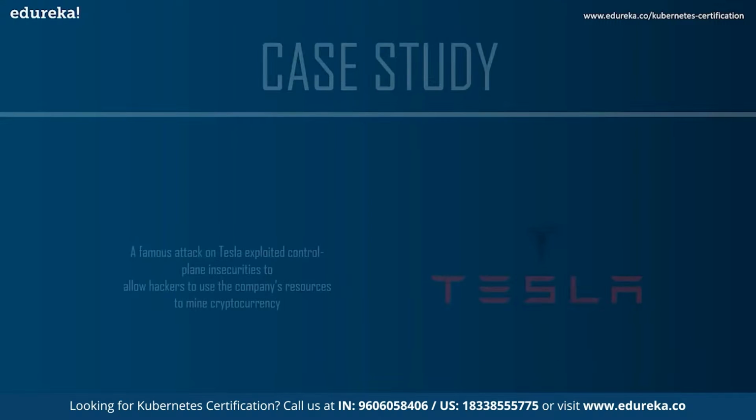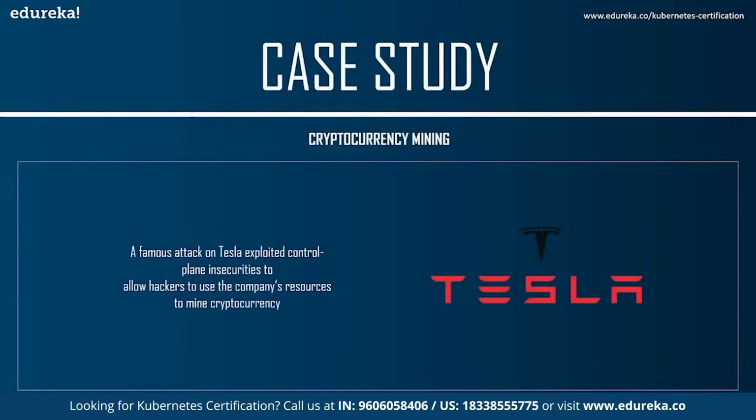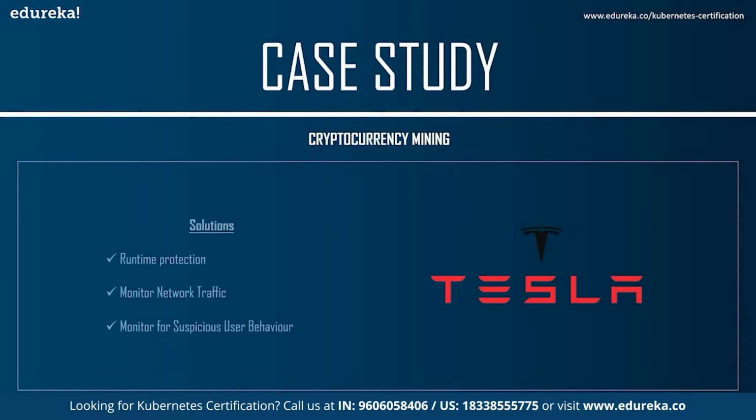A famous attack on Tesla's control plane insecurities allowed hackers to use the company's resources to mine cryptocurrency. Additional research shows other approaches that would-be miners are attempting. Ensuring that only trusted images can run in your cluster would prevent, for example, a bad actor with approved access to the cluster from running an unexpected mining image.